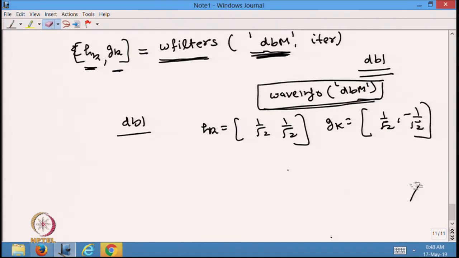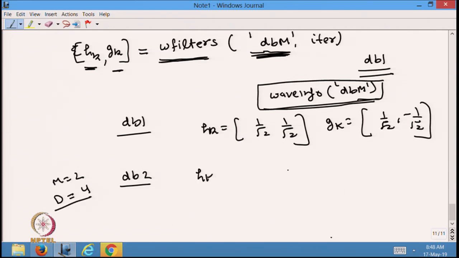If you look at a general order wavelet, let us say db2, it means M is 2, D is 4. So how many filter coefficients will be non-zero? Four.